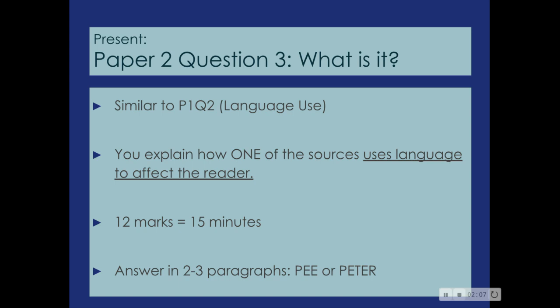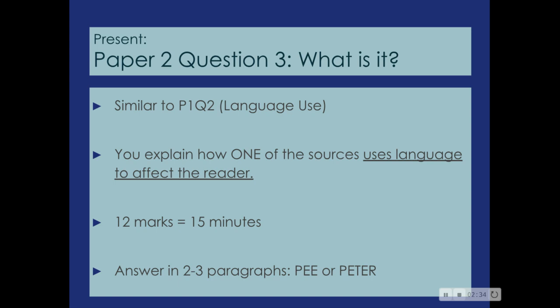Paper 2, Question 3 is very similar to Paper 1, Question 2, Language Use. They are both language use questions. For Paper 2, Question 3, you are going to explain how one of the sources, Source A or Source B, uses language to affect the reader, to influence the reader.